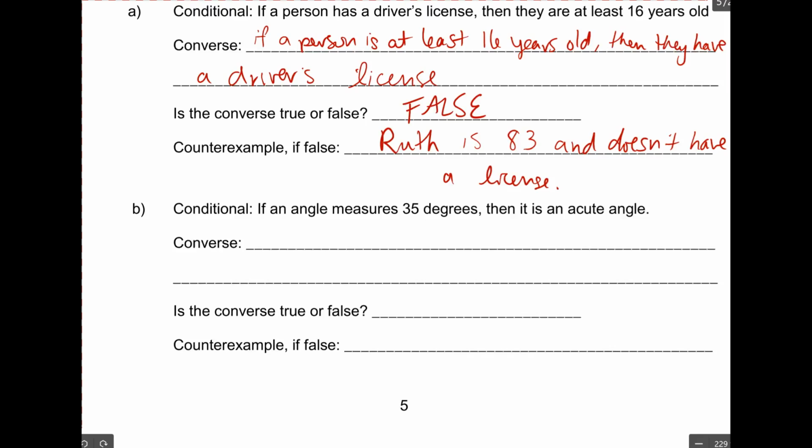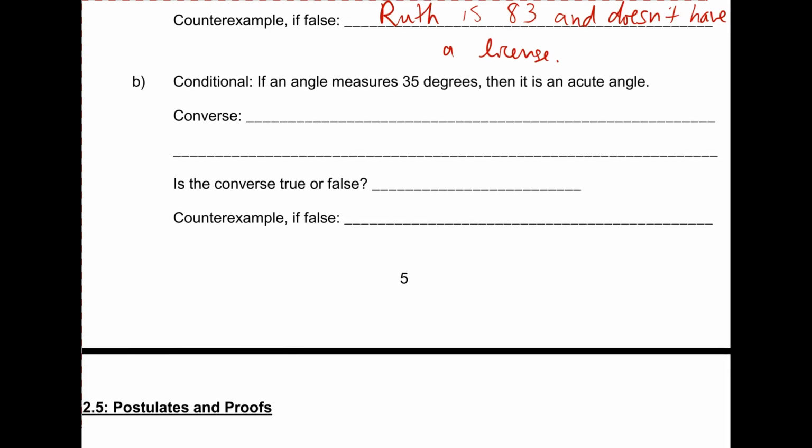Okay, B. If an angle measures 35 degrees, then it is an acute angle. So the converse is, if an angle is acute, then it measures 35 degrees.